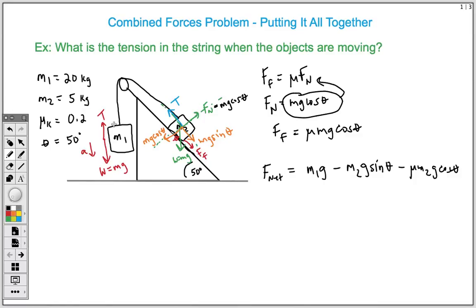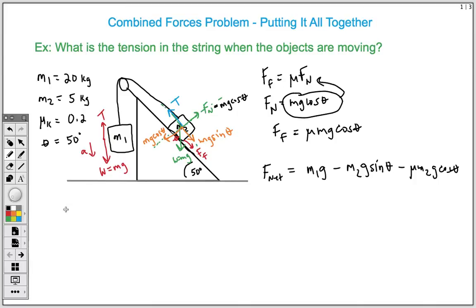Well, if you remember, we can use the apparent weight to find the tension. Because this block is going either straight up or straight down, and we know that it's going straight down, we can use the apparent weight formula to solve for the tension.